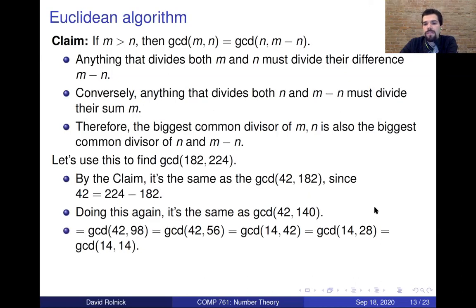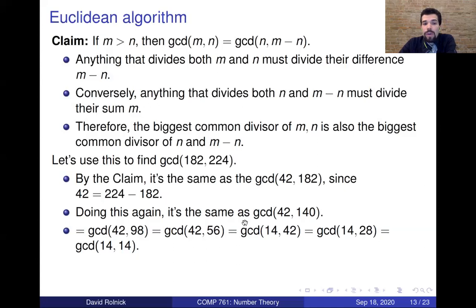Let's do it again. 98 is the difference of these two numbers. 98 and 42. Go from there to 56 and 42, because 56 is 98 minus 42. Go from there to 14 and 42, because 14 is the difference between these two. Then 14 and 28, because 28 is the difference between these two. And then 14 and 14, because 14 is the difference between 28 and 14.